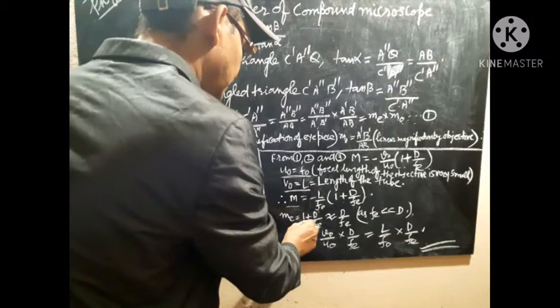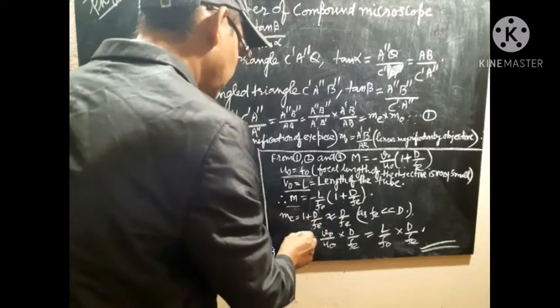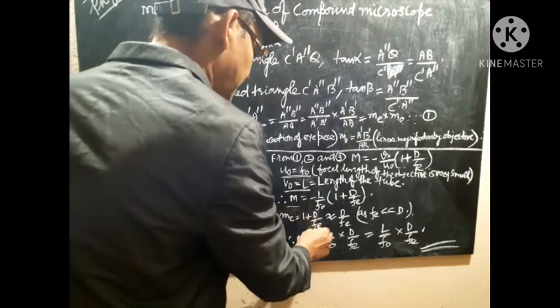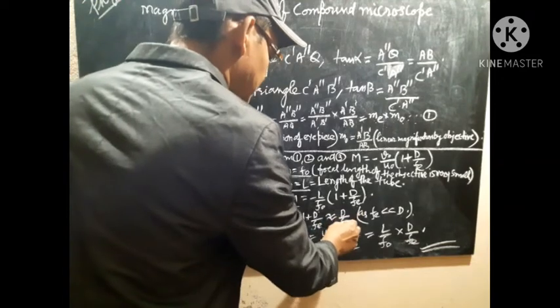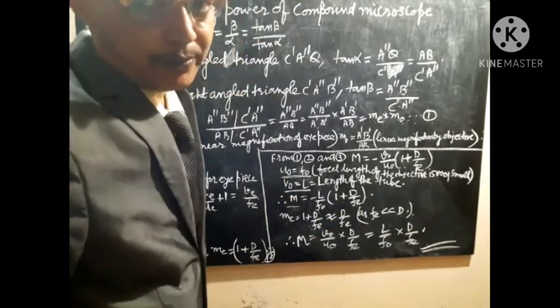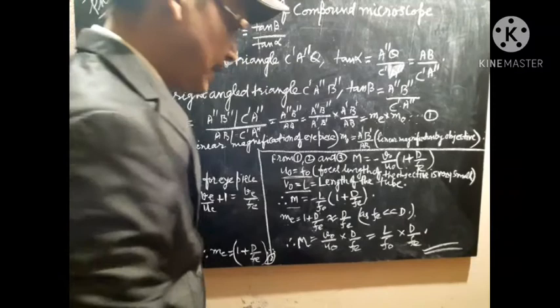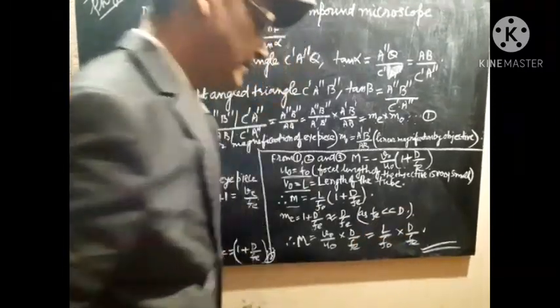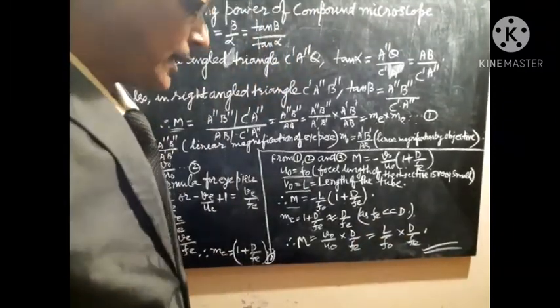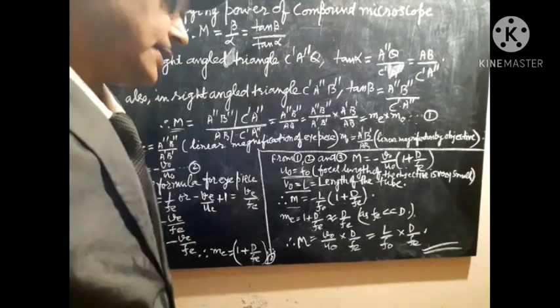Now M is equal to 1 plus D by FE, which is nearly equal to D by FE, as FE is less than D. The focal length of the eyepiece is less than D.